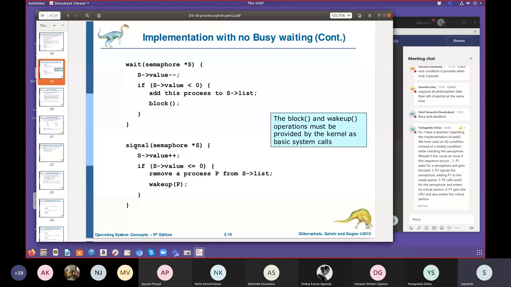So basically, I would think that your question has more to do with how block and wakeup are implemented. So you are assuming that when P1 got blocked at some point, then wakeup P1 happened, and P1 has been returned to the ready queue, it will not check for the semaphore again.